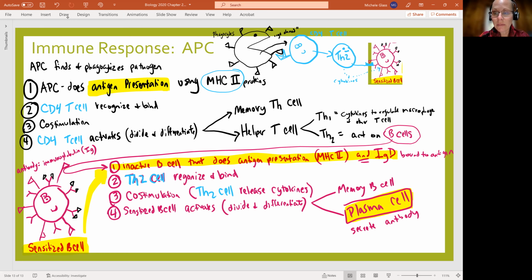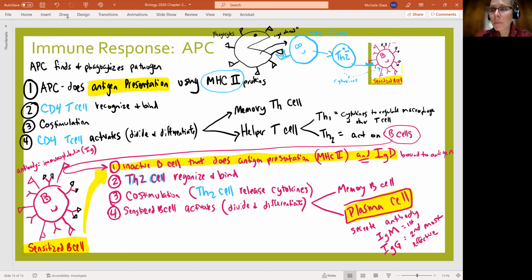We're going to see first the secretion of IgM. So that's happening first, and we're going to talk more about this in the next video. And then we see the production of the IgG coming second, and this is the most effective at really getting that pathogen out of the body, and we're going to talk more about that in the next video.